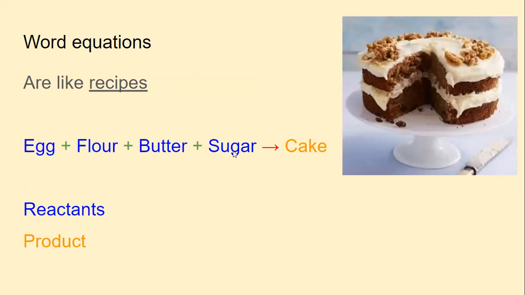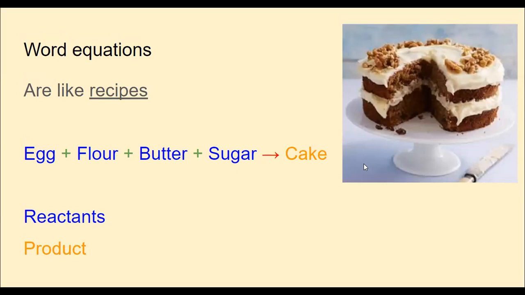The ingredients here are, in a word equation, what we would call the reactants, and you put them all next to each other with plus symbols in between them. And the cake is what we call the product. Something you might notice here in red, we have an arrow. That's how we show our reactants and our products. We never use an equal sign, we always use an arrow.